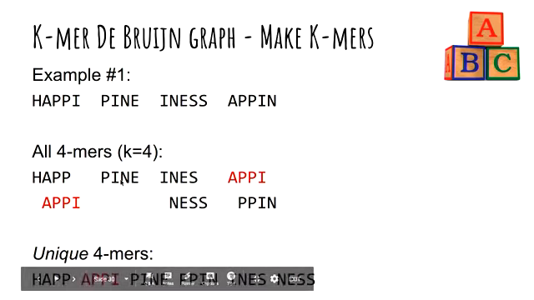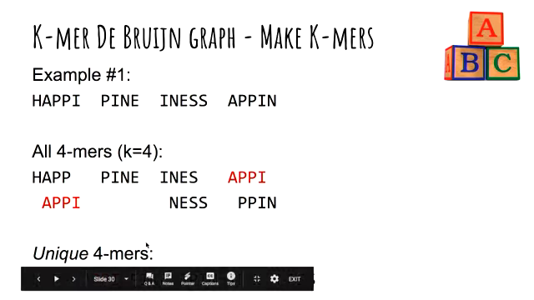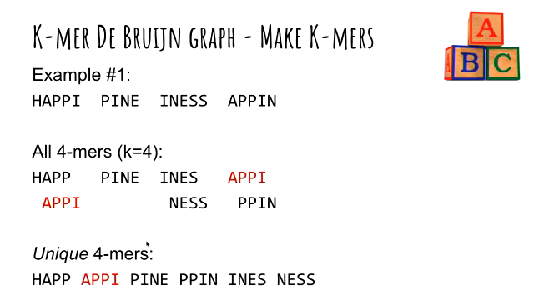Pine is already length 4, so we just use it. And ines, we can get 2: ines and nes. And then from appen, we can get appy and pepin. All right, and so then we can uniquify them. Oh, isn't that perfect? We get unique k-mers: happy, pine, pepin, ines, and nes.